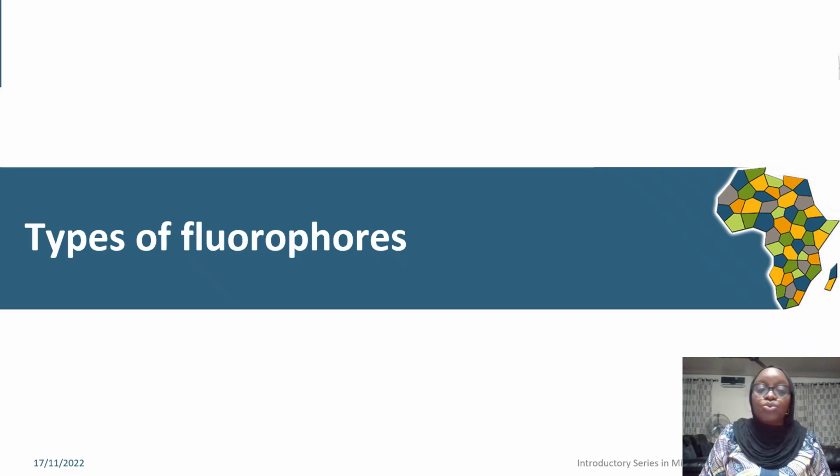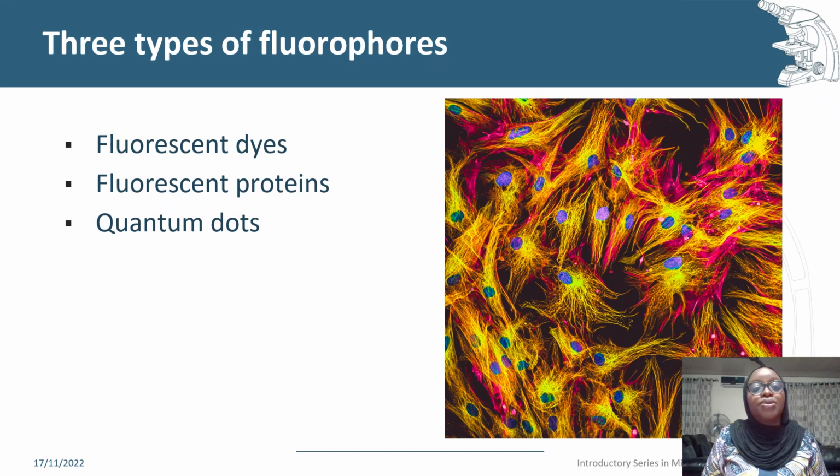This brings us to types of fluorophores. We have three types of fluorophores. The fluorescent dyes, which are small molecules, the fluorescent proteins, which are large proteins, and the quantum dots, which are nanoparticles.